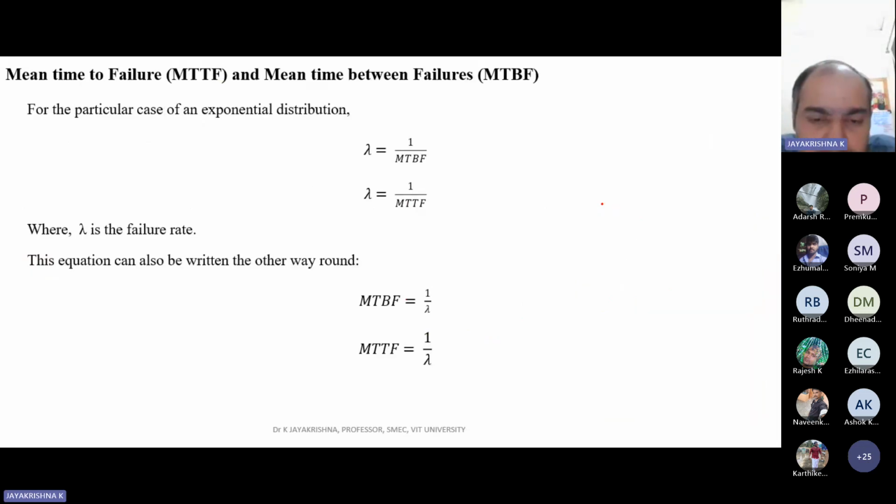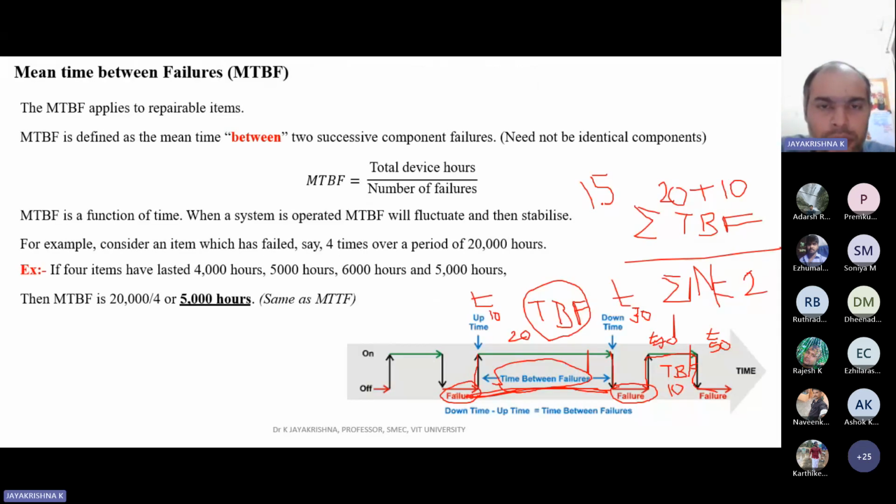So now please note down these formulas. I want you to note down this formula first.